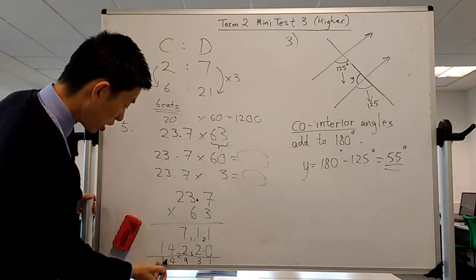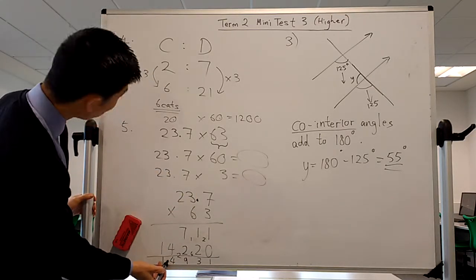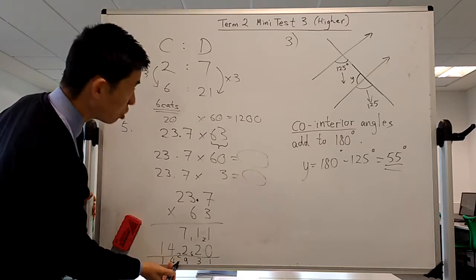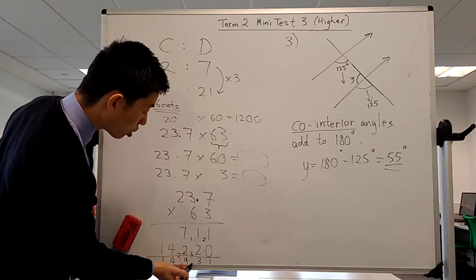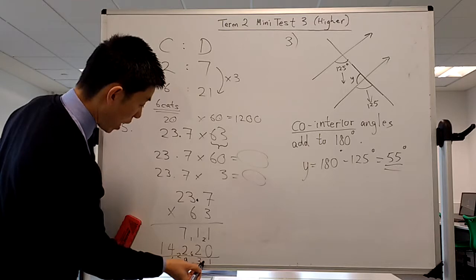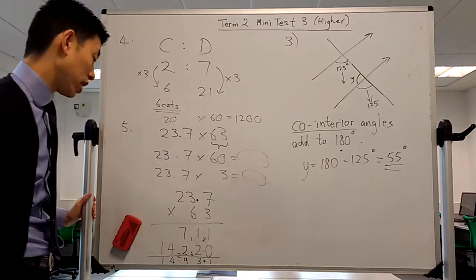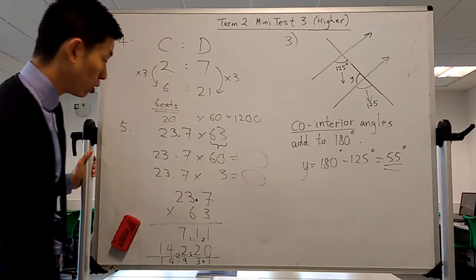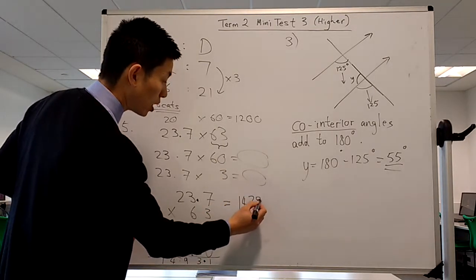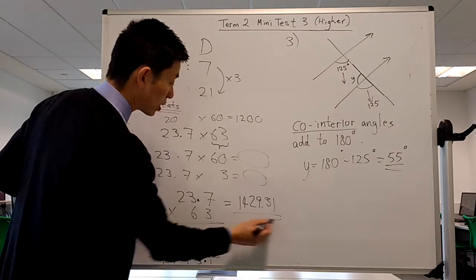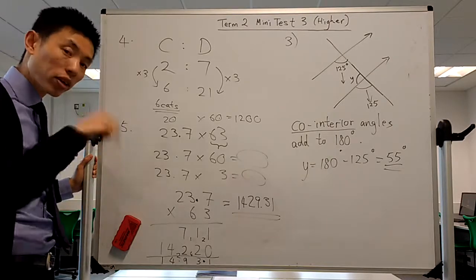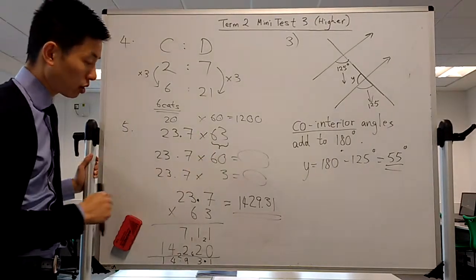So that will be 1.4, not close to 1,200. 14.931, not close to 1,200. 149.31, not close to 1,200, and there is close to 1,200. So that's where the decimal point goes. So that means the answer to this is 1,429.31, exactly like that.